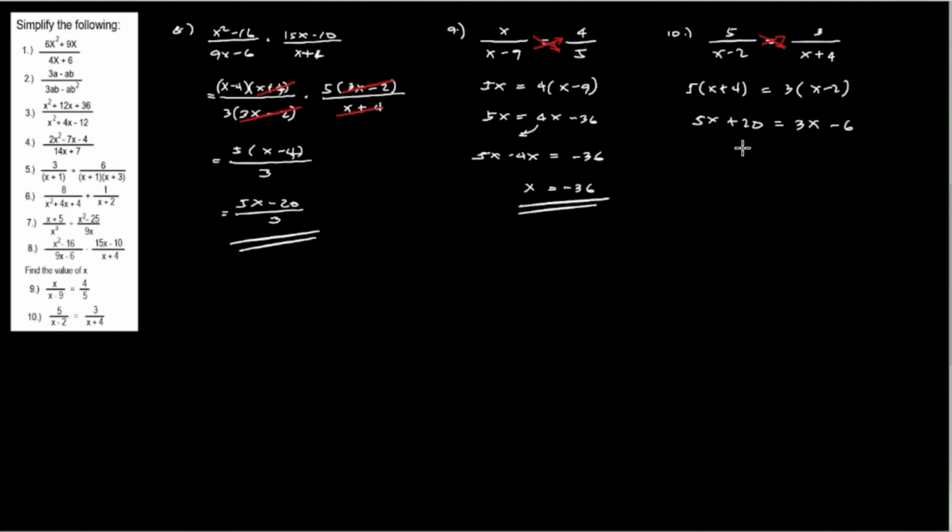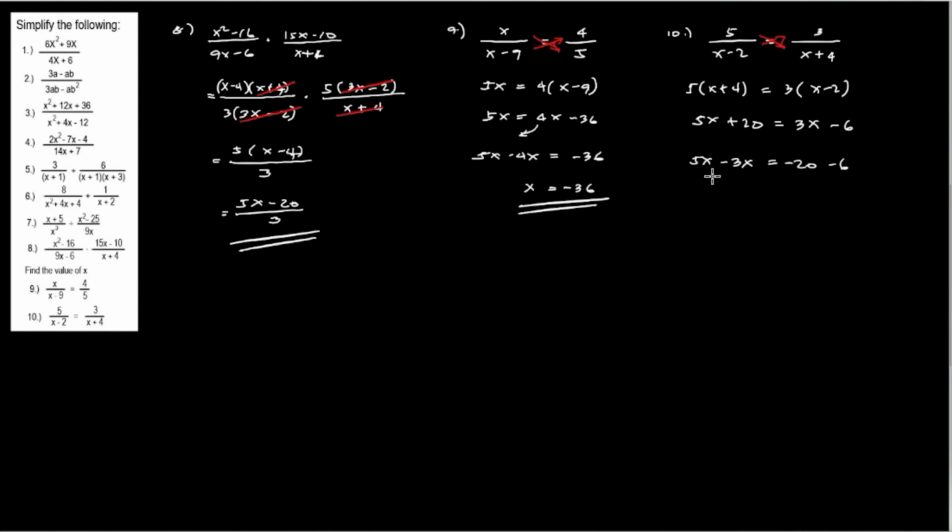And transfer all variables to the left side and all constants to the right side. So 5x, and transfer 3x to the other side, it becomes negative 3x, is equal to positive 20, the constant, transferred to the right side, becomes negative 20, and copy negative 6.